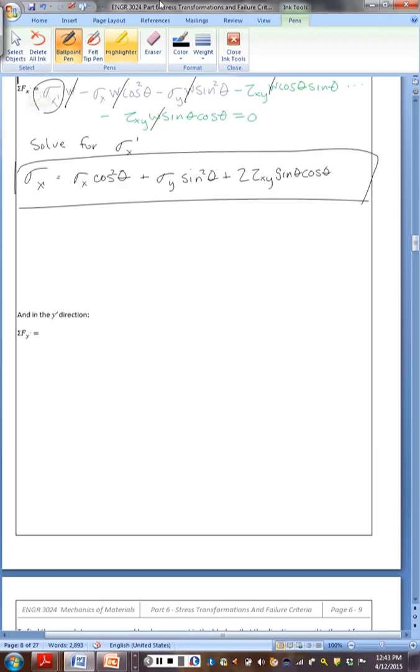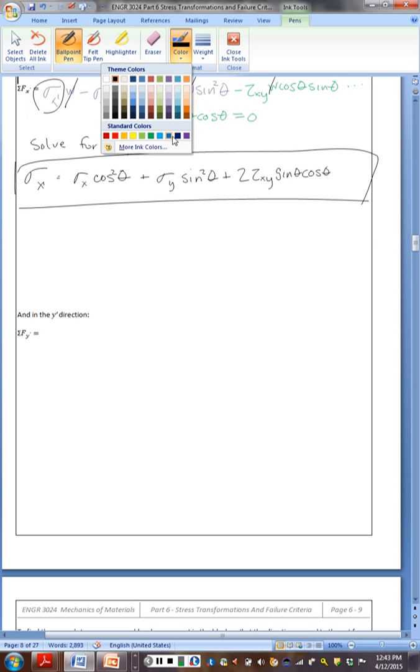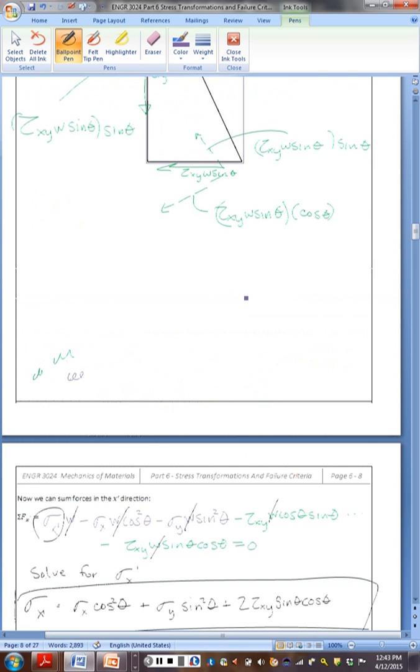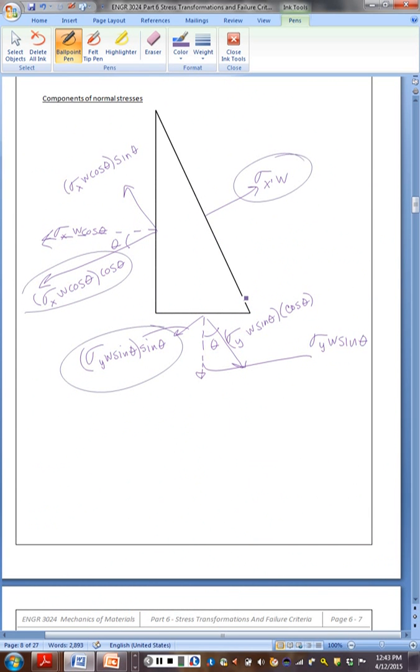Now, looking at the same process for the y prime direction, what do we have left here? We have a cross product term times the normal stress in the x direction.